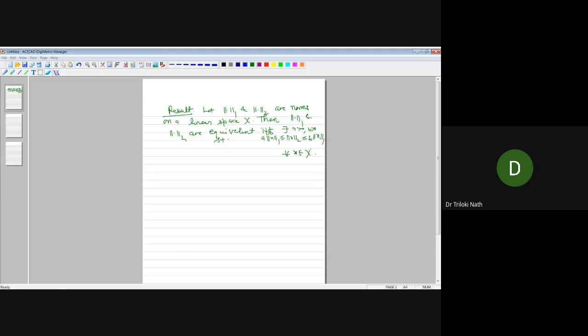Now let us prove the reverse part, that is, the converse part.